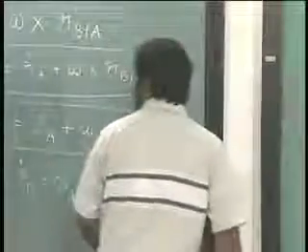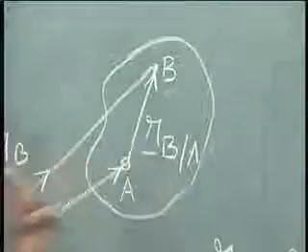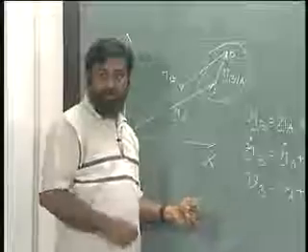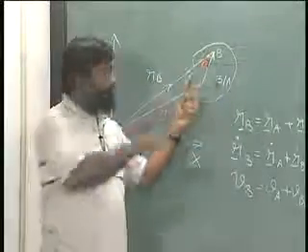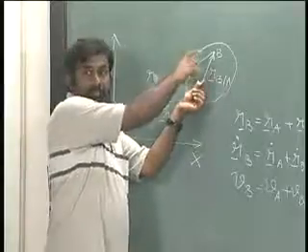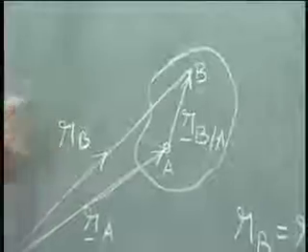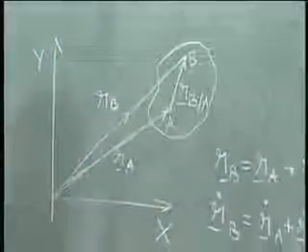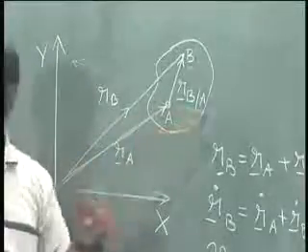Okay. Let us just go back to this. When I say omega cross r B with respect to A, omega is perpendicular, r B with respect to A is like this, perpendicular, which means if I draw an axis that is perpendicular to this, that is the direction in which omega cross r B with respect to A should occur.